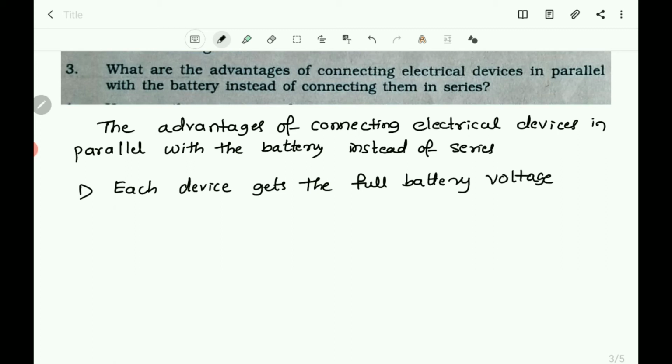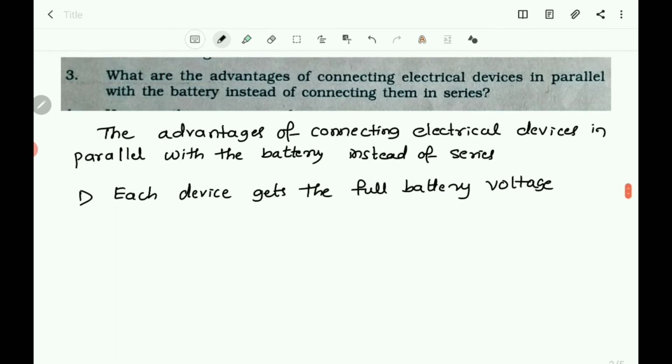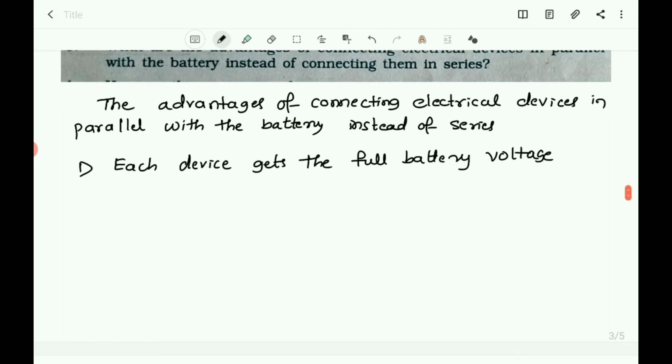In the case of parallel connection, there is no change in the voltage from device to device. All devices get full battery voltage, in equal quantity.